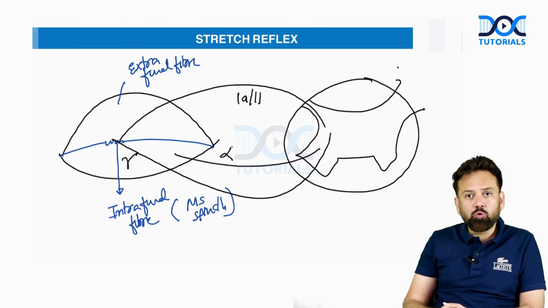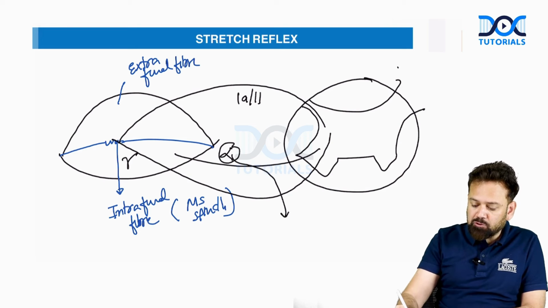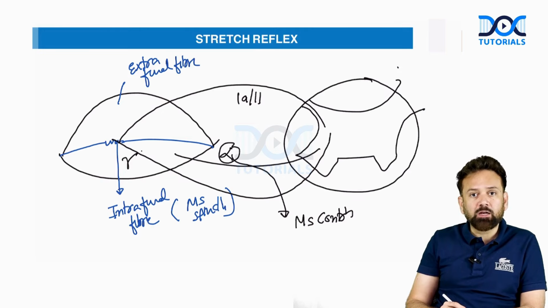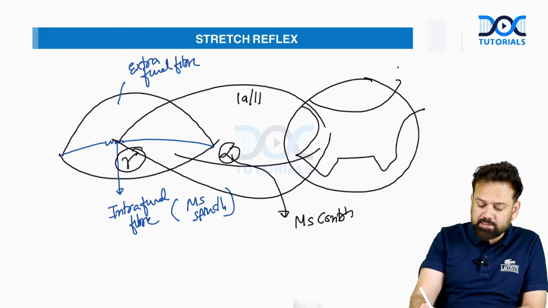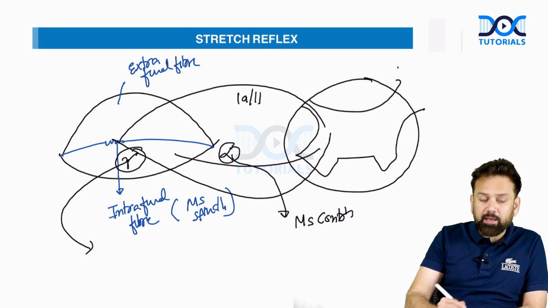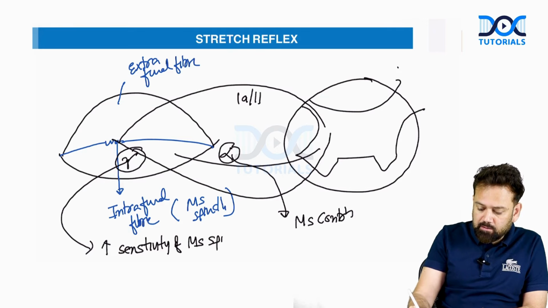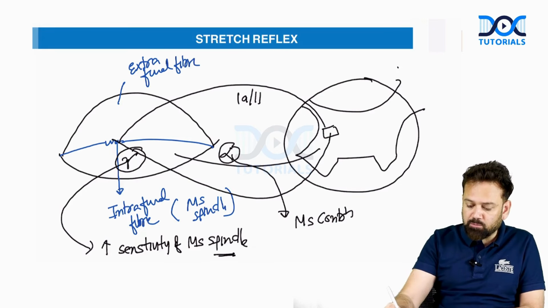Now, alpha will supply extrafusal fiber to cause muscle contraction. And the role of gamma efferent, very important for your exam, is to increase the sensitivity of muscle spindle. And there is one synapse, so it is monosynaptic.